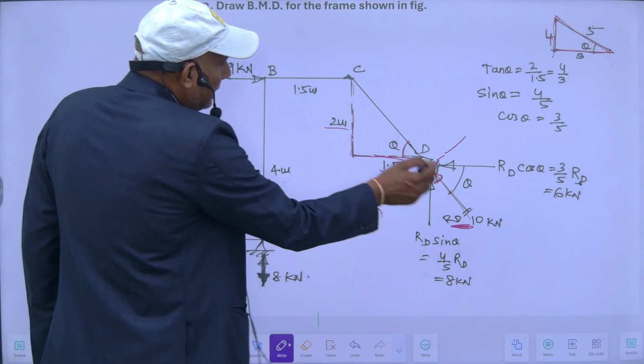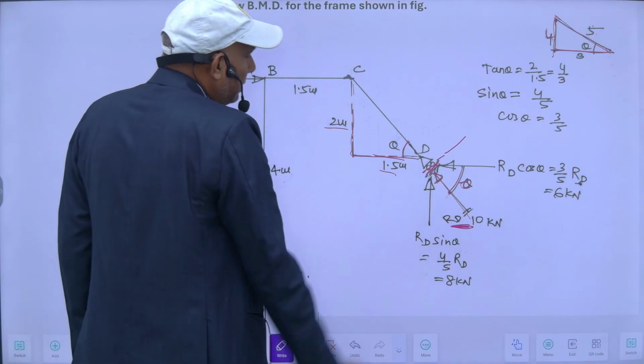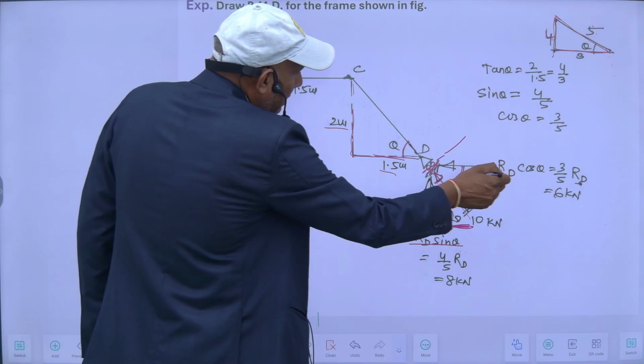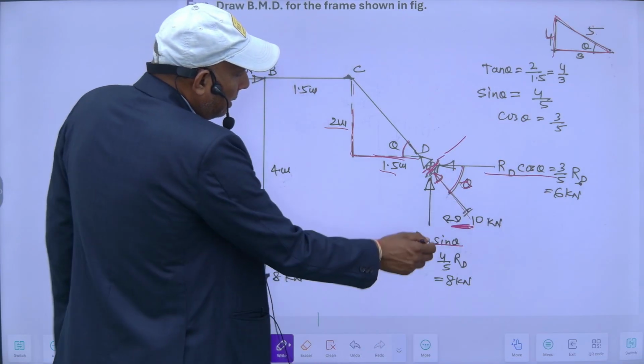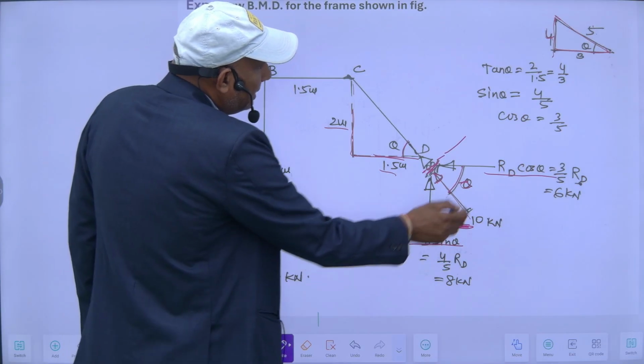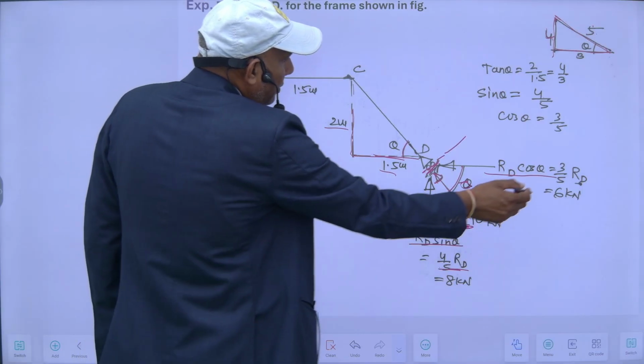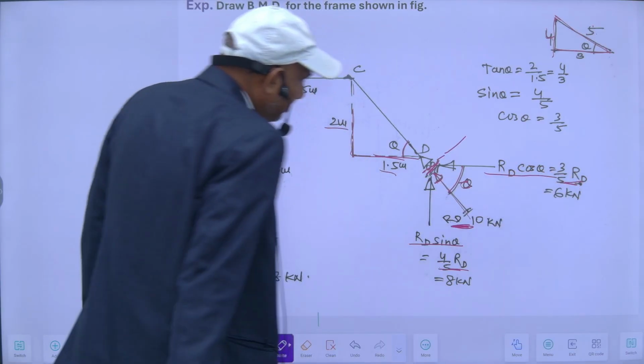If this is theta, then this will be theta. So this component will be R sin theta, this will be R cos theta. Rd sin theta is 4 by 5 Rd, and this will be 3 by 5 Rd.